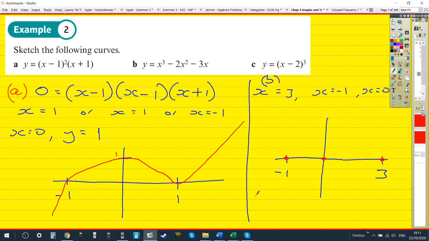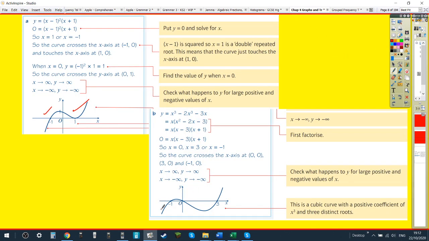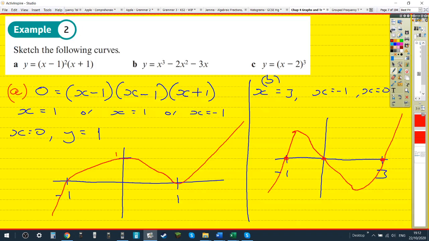So when you draw it, it goes up from the minus up to the 1, and then down through the origin, and then back up again through 3 and all the way up. There it is there. -1, 0, 3. Great.